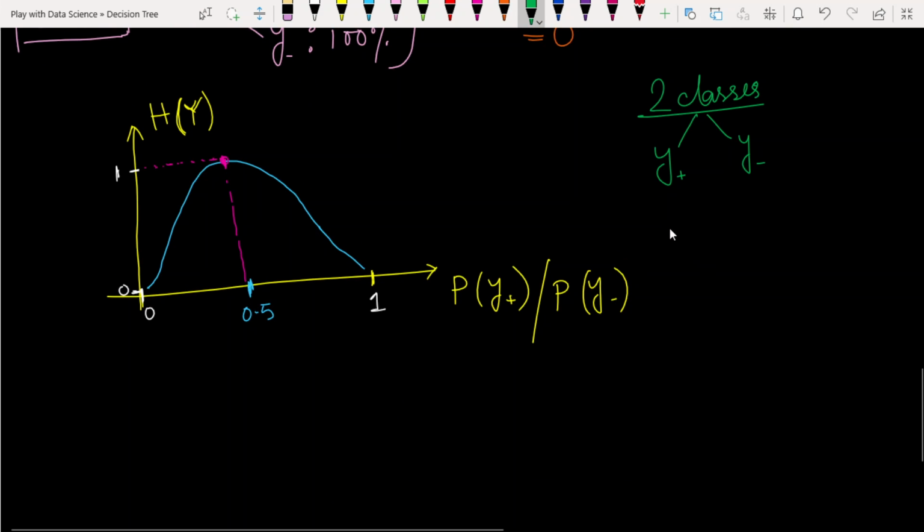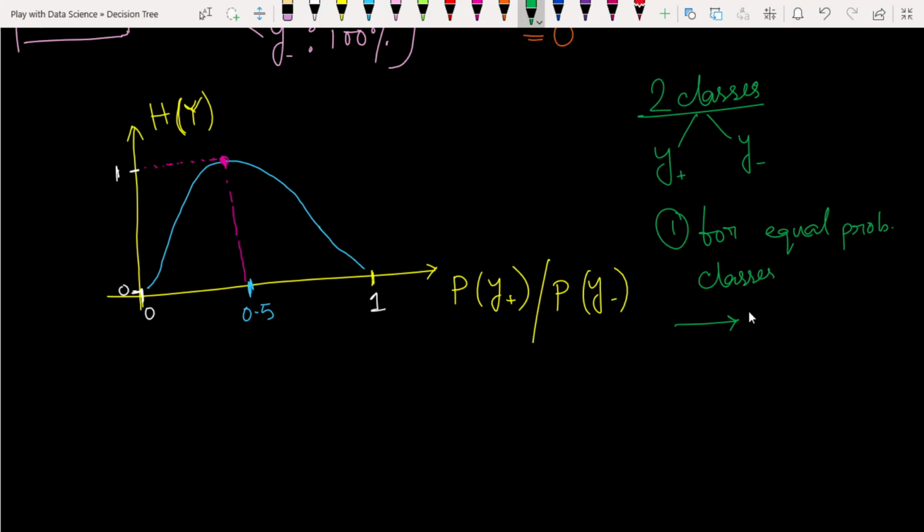First, for equiprobable classes, the H of y value will be maximum.